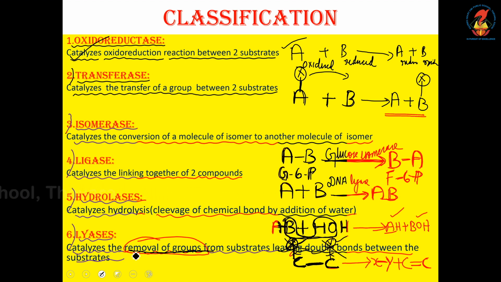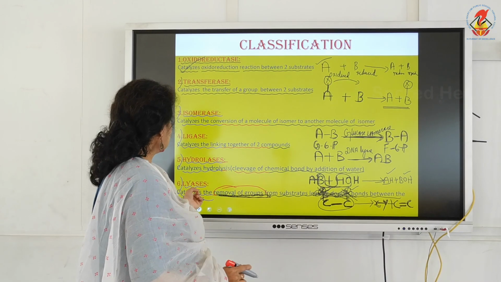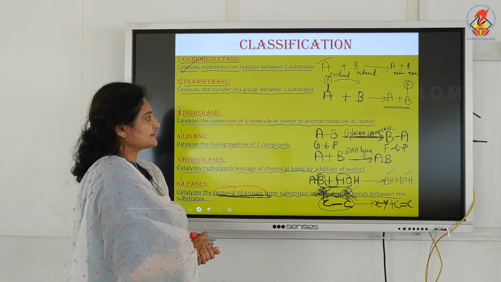So, the main function of this lyase is to remove the groups. The two groups form one product, and the carbons together form the other product with a double bond. So, this is the action of lyases.